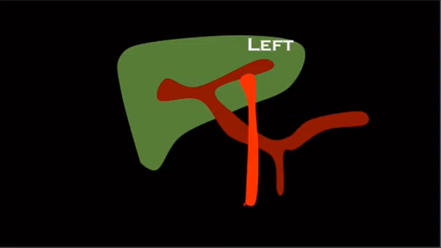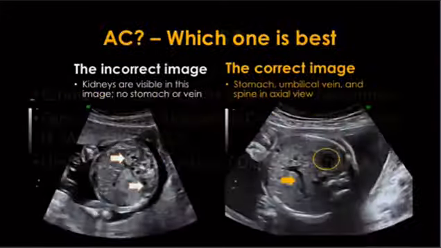So the umbilical vein communicates with the umbilical segment of the left portal vein. And you can imagine that depending on the cut you were looking at, that might look like a J. So that's what you're seeing there, that confluence of the left portal vein and the umbilical vein.